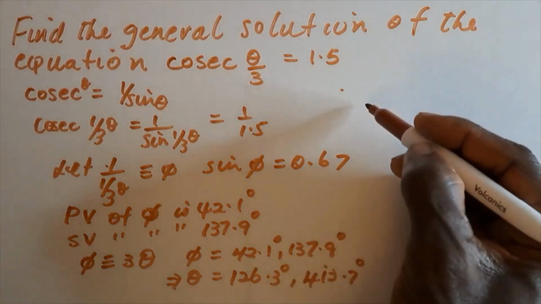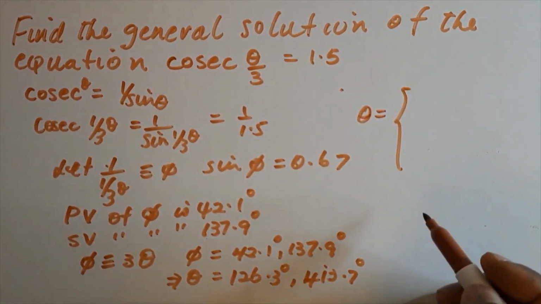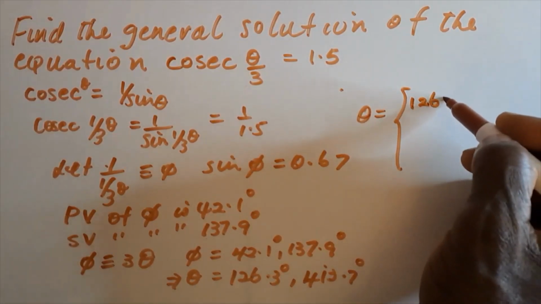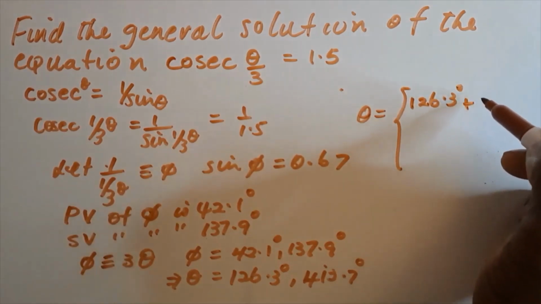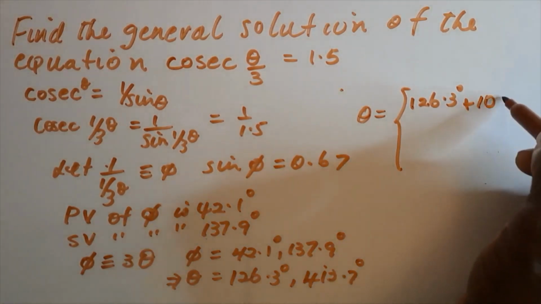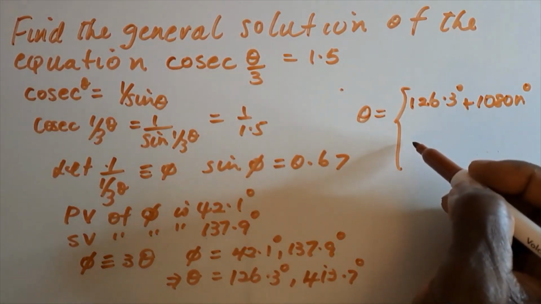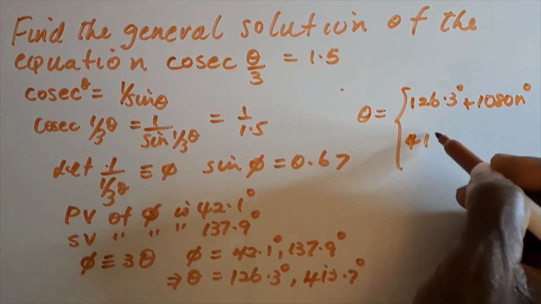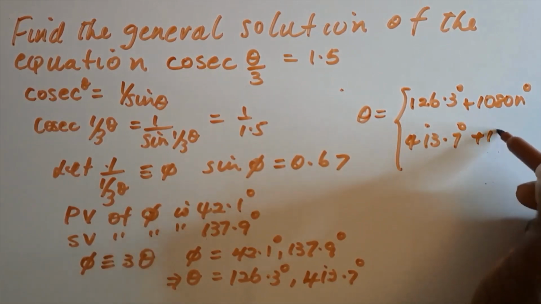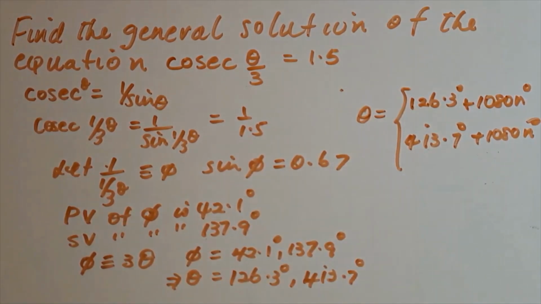So our general solution theta has its principal value, in this case 126.3, and we're adding 3 times 360n degrees, which gives us 1080n degrees, and the secondary value 413.7 is also plus 1080n degrees. And that's our general solution.